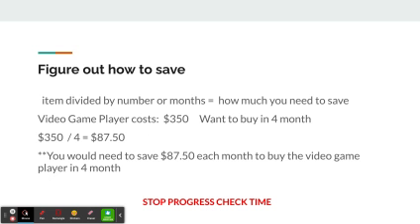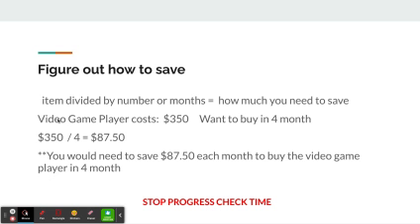Then you would divide by the number of months it would take you to save. The cost of the item divided by the number of months equals how much you have to save. I will fix that when I have the PowerPoint for you.